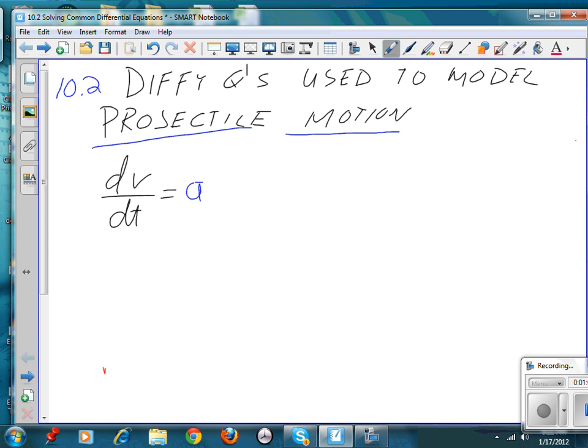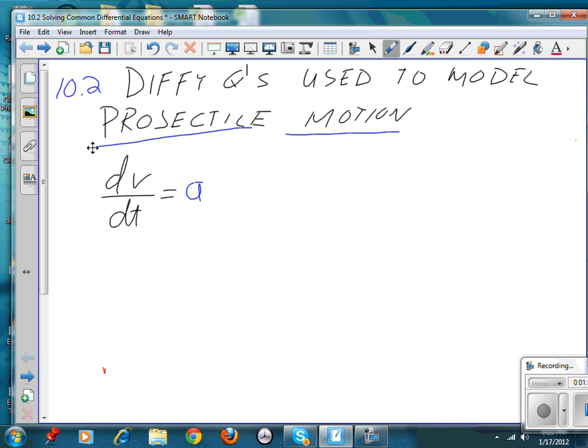You fire a cannonball in the air and you calculate its speed and velocity, what the height of the projectile would be, maybe how much time it was in the air, when it hit its maximum, and things like that. And you do that all from the particle motion problem. So I want to derive those here.